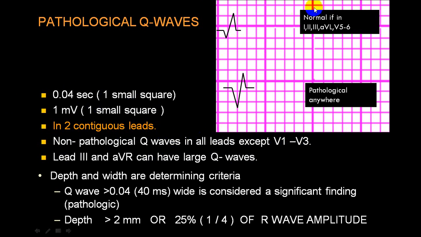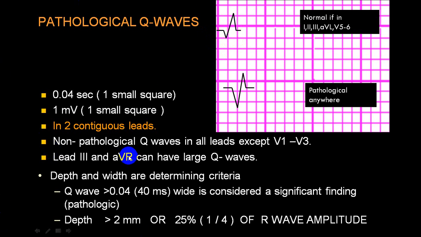If these leads contain a Q wave that is more than 0.04 second, more than 2 small squares, and more than 2 small squares in height, you consider that pathological. So a deeper Q wave, that is amplitude wise, and a broader Q wave are pathological.